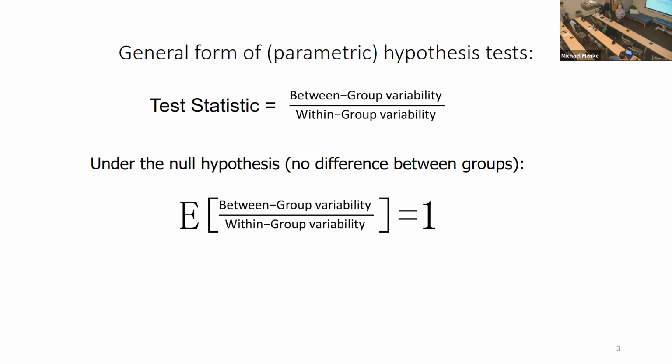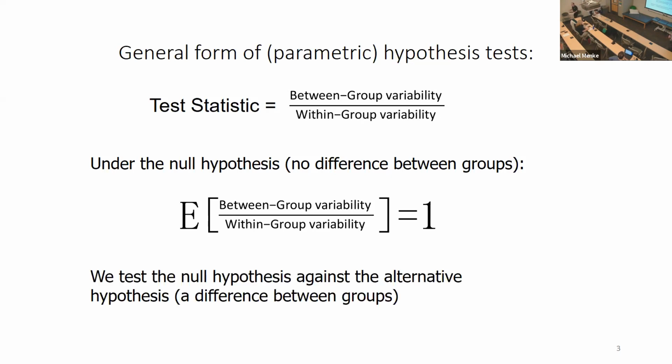If we ran a study many times, analyzed the data, and in fact the null hypothesis was accurate, there is no difference between groups or between treatment conditions, we would on average have a ratio of 1. The between group difference should not on average exceed the within group difference, the background noise.